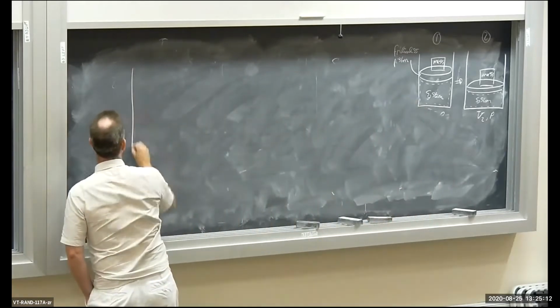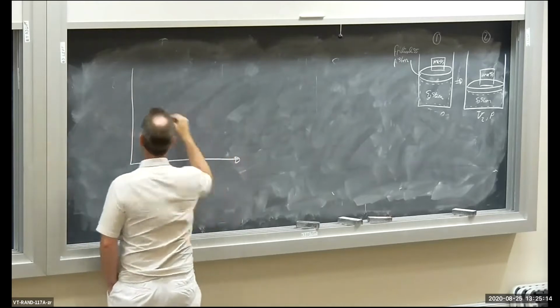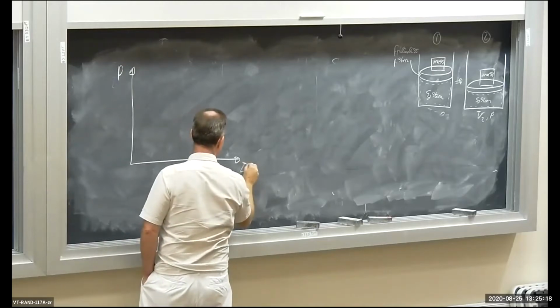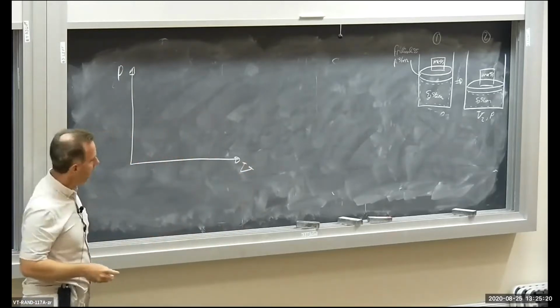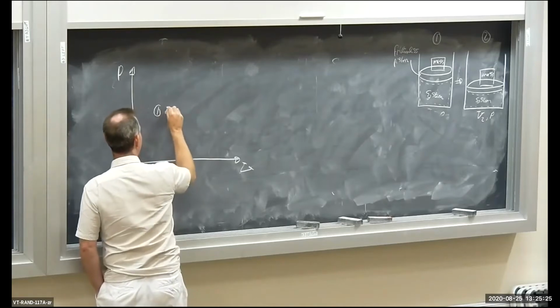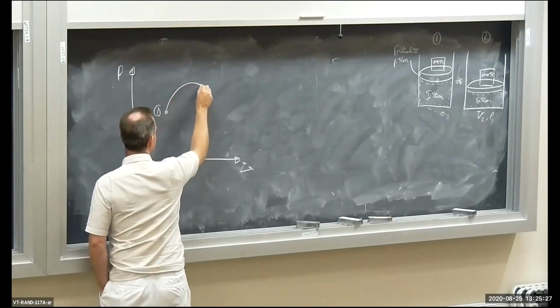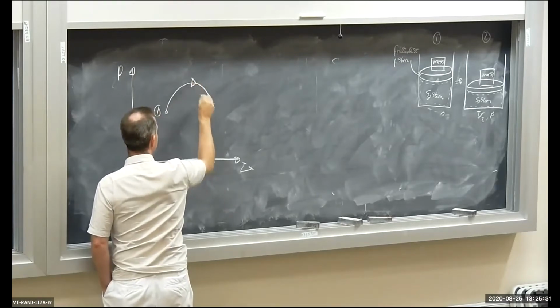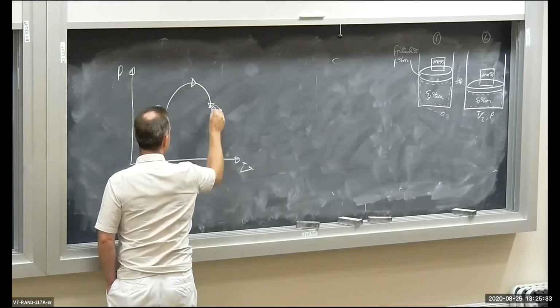I'm just going to throw this out here and say something about it. Let's say I have a pressure volume diagram here. And let's say I have the following process. Here's state 1. And this is what my process looks like. State 2.